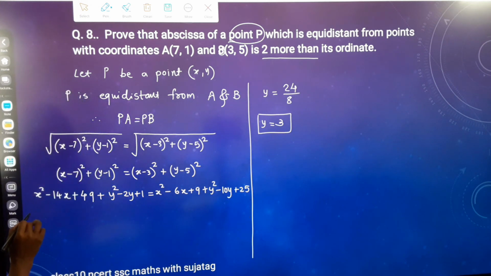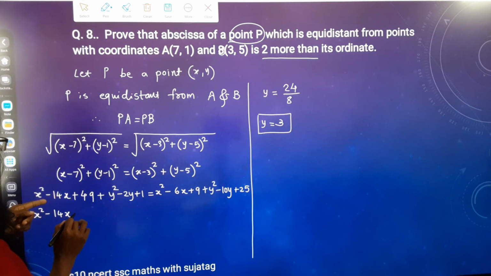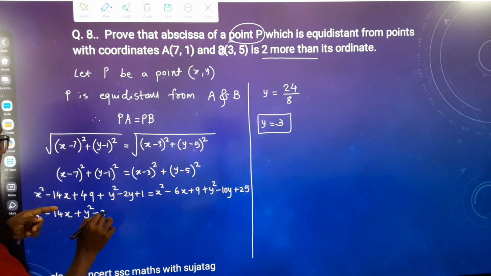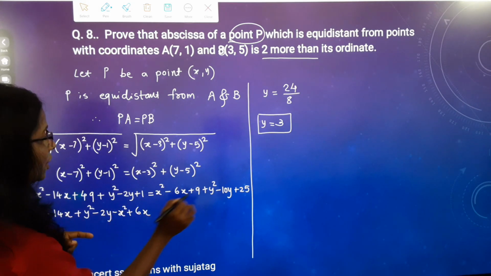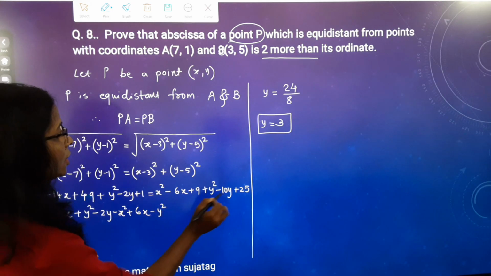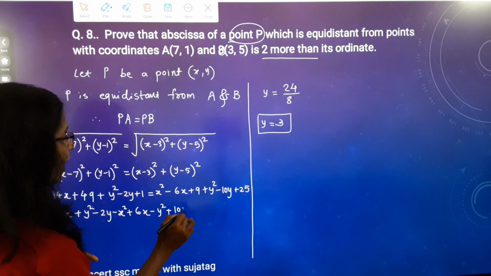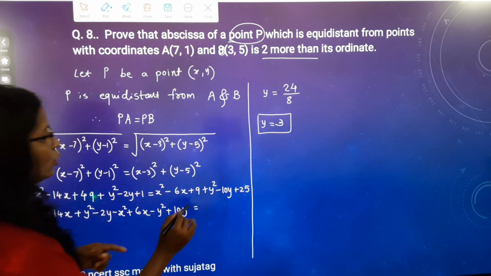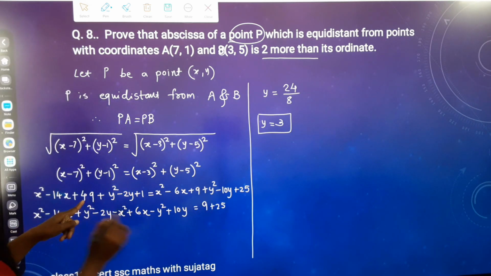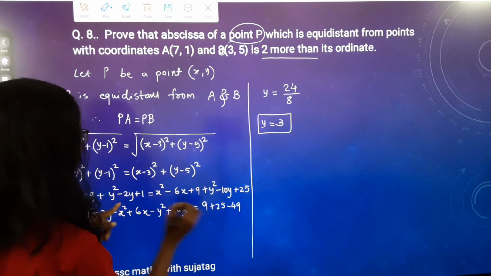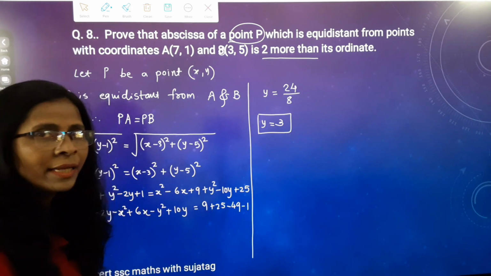Now we rearrange the terms: x square minus 14x plus y square minus 2y, minus x square, shifting this, plus 6x, minus y square, shifting this, plus 10y, is equal to 9 plus 25, and shifting, minus 49 and minus 1.